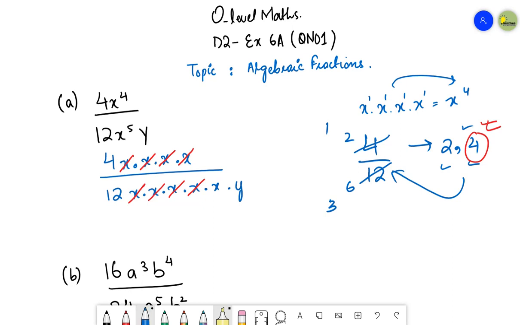Now, 4 1s are 4 and 4 3s are 12. Since all the values in the numerator are cancelled, only 1 is left. You can write 1 in the numerator, and in the denominator, instead of 12, you are going to write 3. Only one x is left and one y is left. So you can write xy. 1 upon 3xy is going to be your answer.